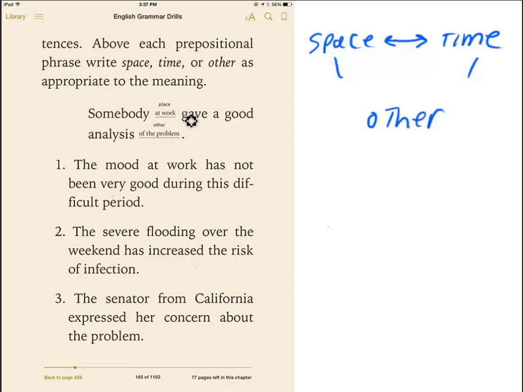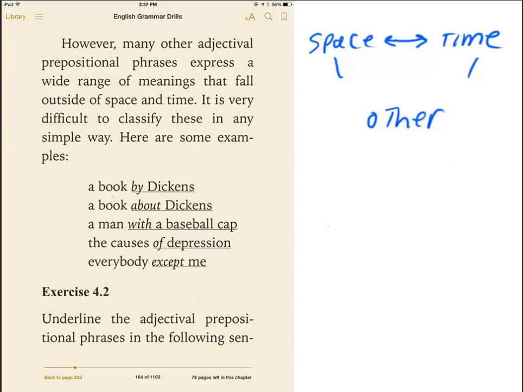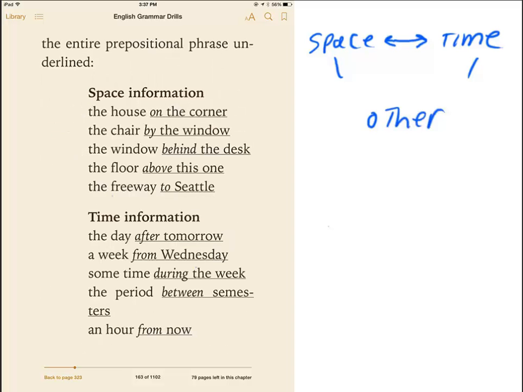Somebody at work gave a good analysis of the problem. So at work tells where, so it's a place. Let me see if they changed terms here.